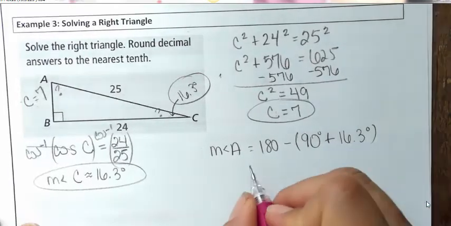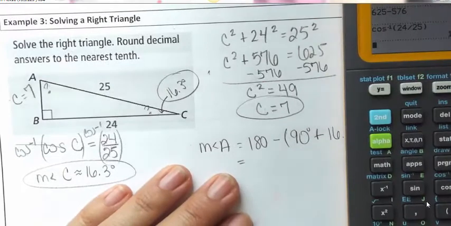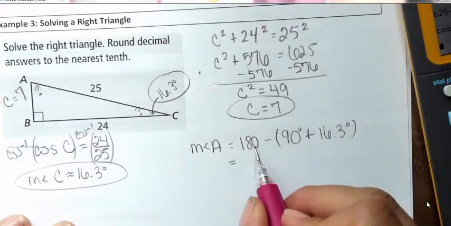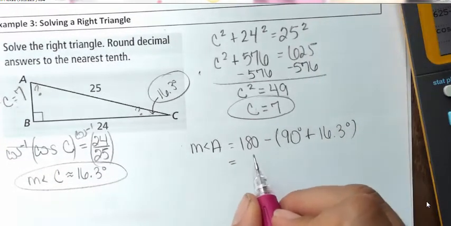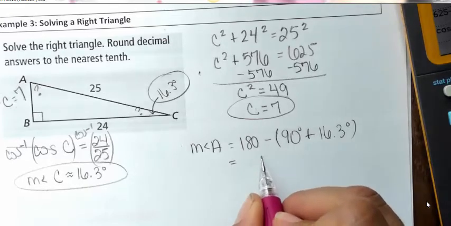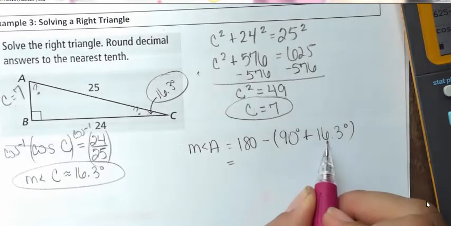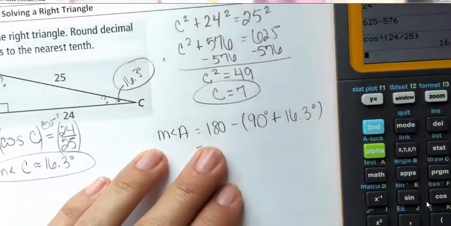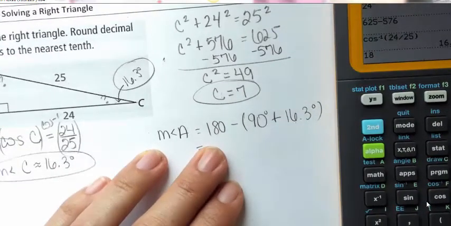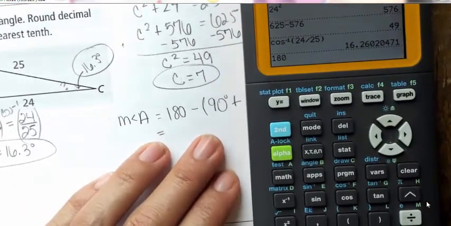So then I can just use my calculator. Actually, that'll be 90, right? 180 minus 90. You can also think of it like that. You could just write 90 and then subtract out that 16.3. But let me just do what I have written down here with parentheses.